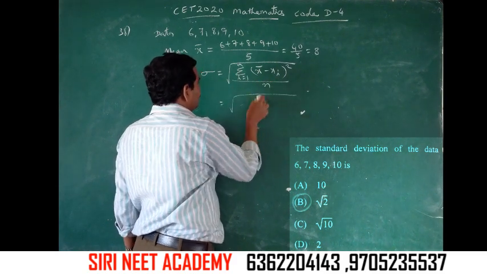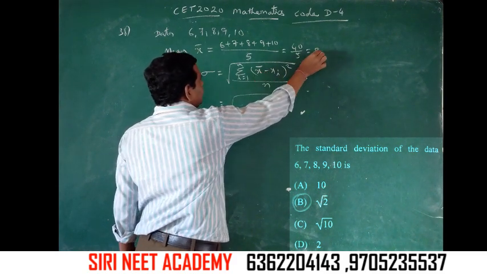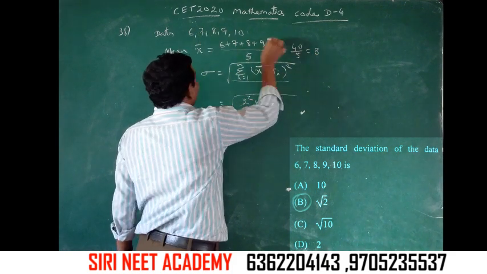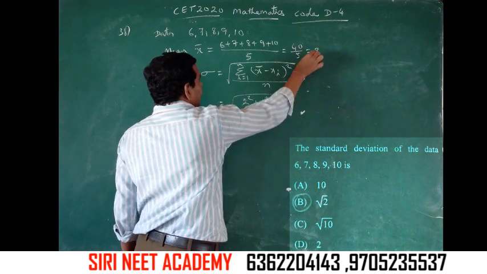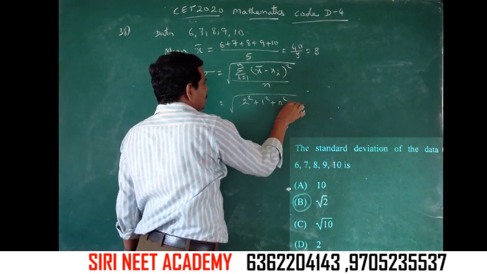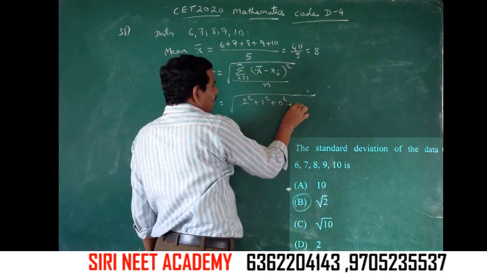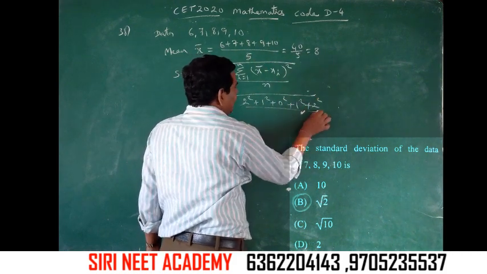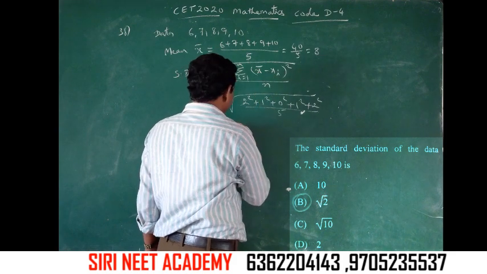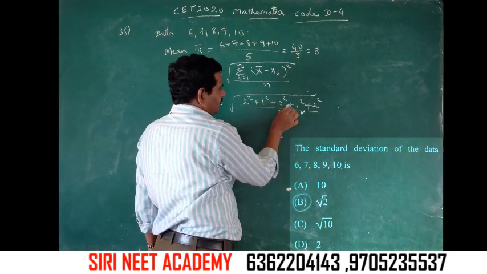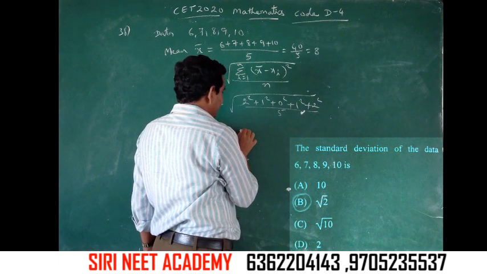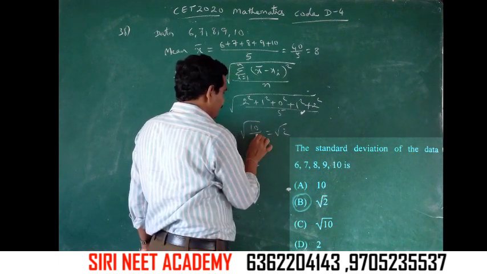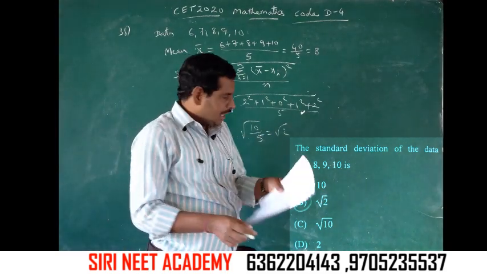Means under root, 8 minus 6 is 2 square, 8 minus 7 is 1 square, 8 minus 8 is 0 square, 8 minus 9 is minus 1 square, 8 minus 10 is minus 2 square, divided by n is 5. 4 plus 1 plus 0 plus 1 plus 4 is 10, divided by 5 is 2. So the answer is root 2. Option is B.